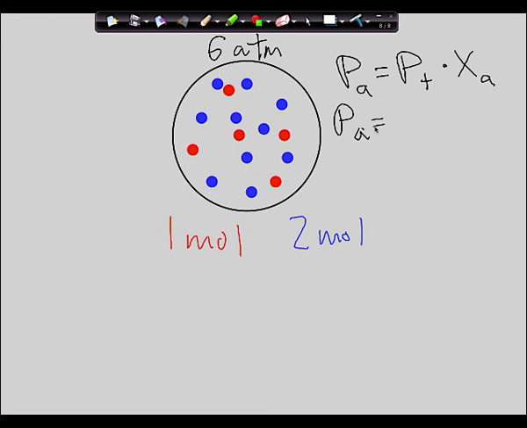What is the total pressure? 6 atmospheres. Now, what is X sub A, the mole fraction of A? The mole fraction is the moles of A, which is 1 mole, divided by the total moles, which is 3 moles. And so 1/3 of the moles is from A, so 1/3 times 6 is 2 atmospheres.